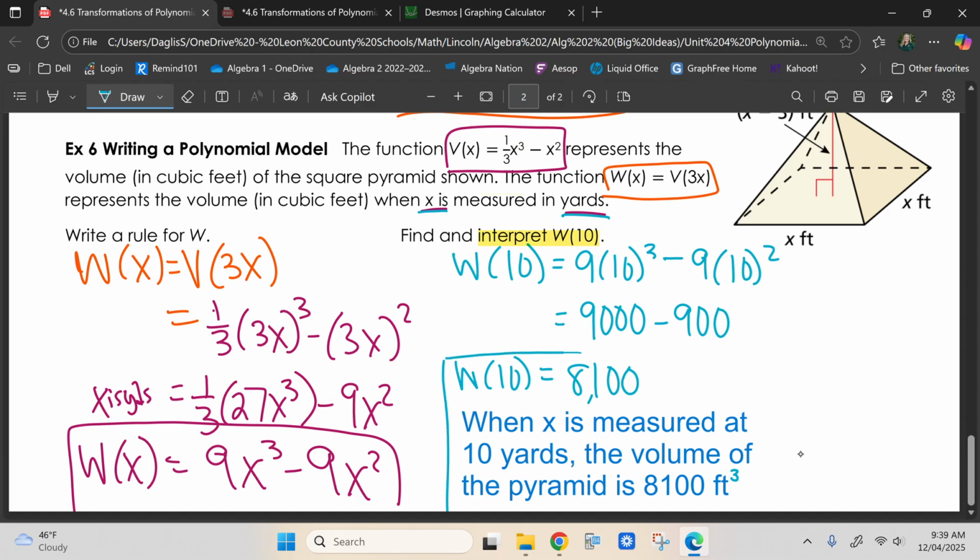That is what interpreting means. I plug x into w, which means my x was measured in yards. That gave me 8,100, which is the volume of my pyramid in feet units. All right, we will practice this tomorrow with some big ideas.